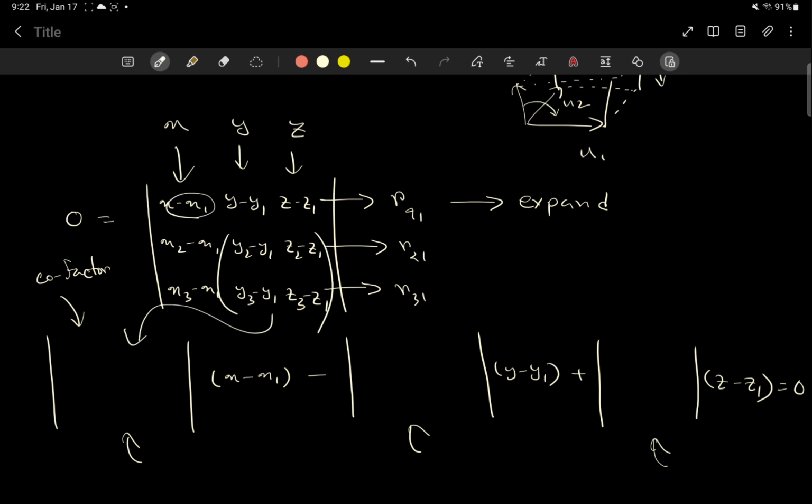We will put it here, and as a determinant, it will be just a number. This x term has 1 degree, this y term has 1 degree, this z term has 1 degree. So this equation here provides us an equation. This itself is the equation for the plane that we were talking about a bit earlier.